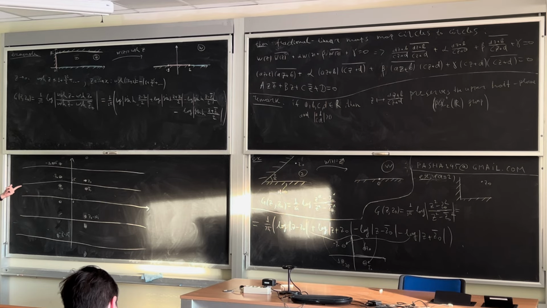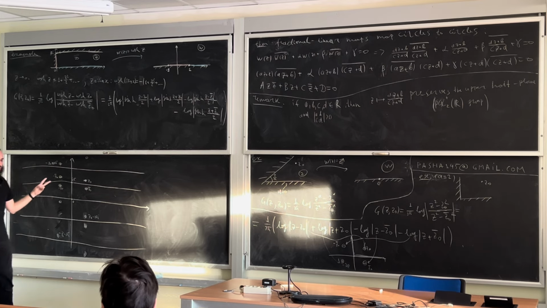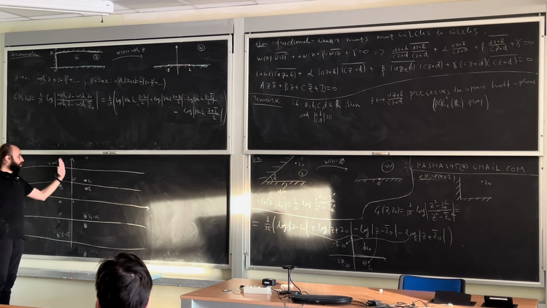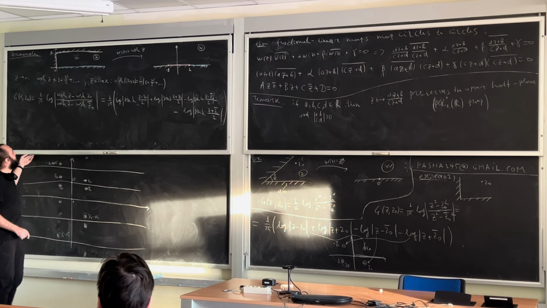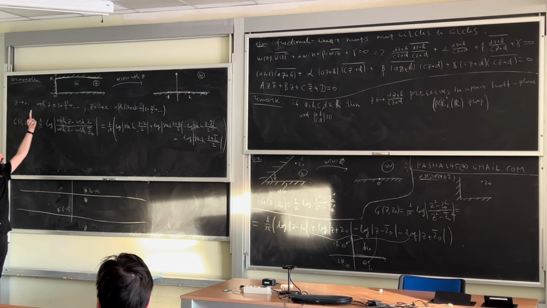So we see that this configuration of charges is anti-symmetric with respect to reflections in this vertical line, which shows us that the potential created by them will vanish on the vertical line.